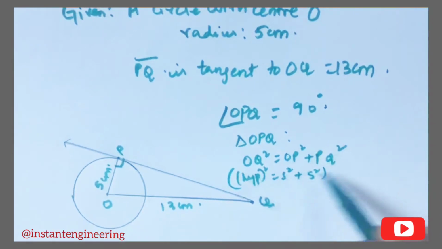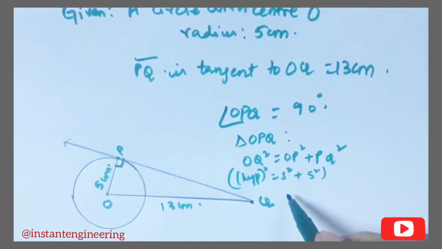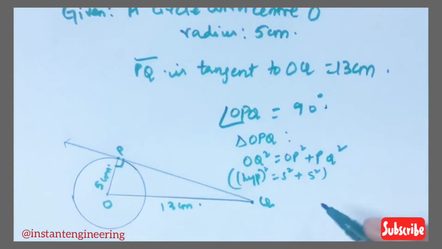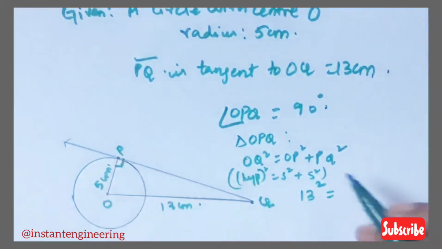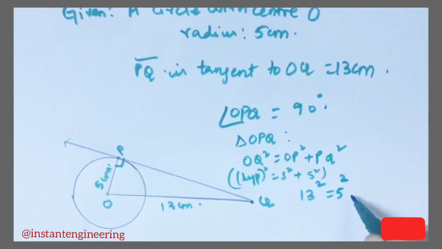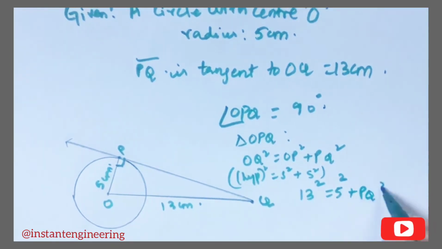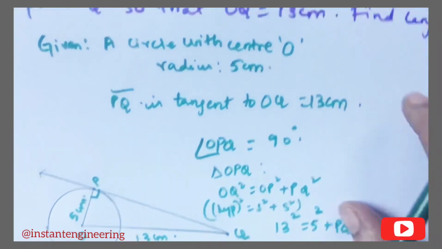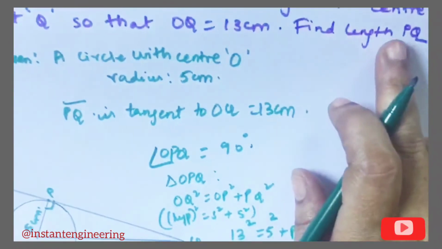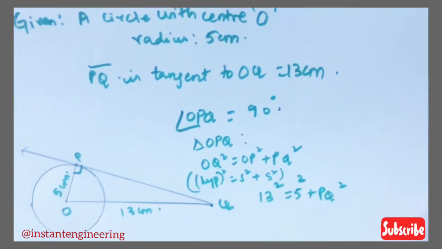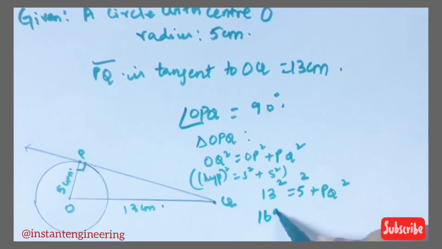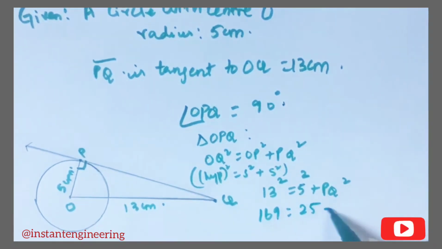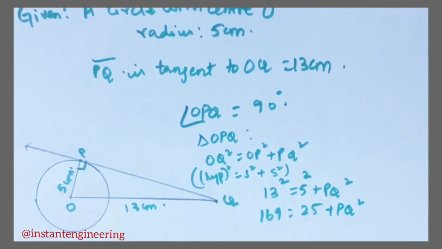When you apply this, OQ square is 13 square, OP is 5, so 5 square plus PQ square. In the question, we are asked to find the length PQ only. So 13 square is 169, equal to 25 plus PQ square.